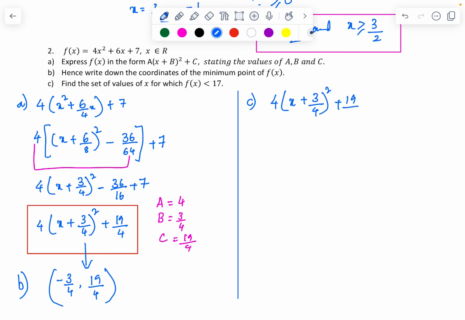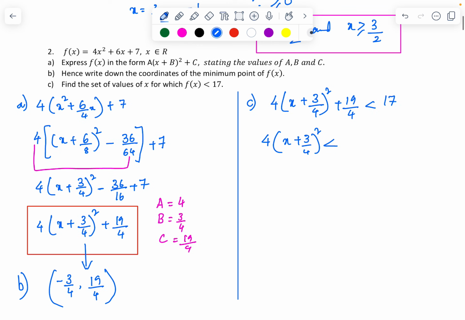4 times (x plus 3 over 4) whole square plus 19 over 4 is less than 17. I will isolate x slowly. I will bring 19 over 4 to this side. It gives me 49 over 4. Then divide by 4 on both sides. Then it gives me 49 over 16.